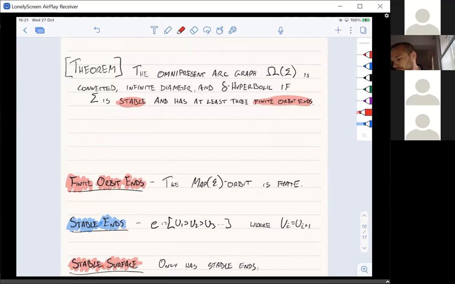So yeah, okay, to define a stable surface, I have to define a stable end, and to define a stable end, I have to actually give you a proper definition of what an end is, instead of just drawing pictures. So here is an end.